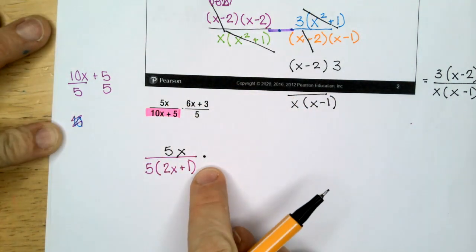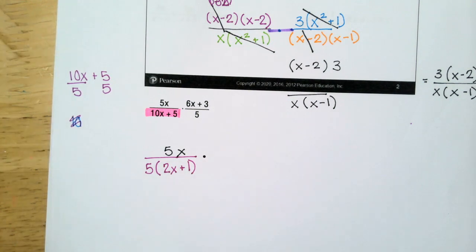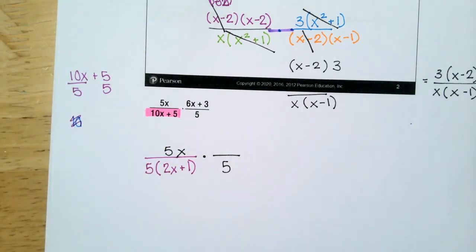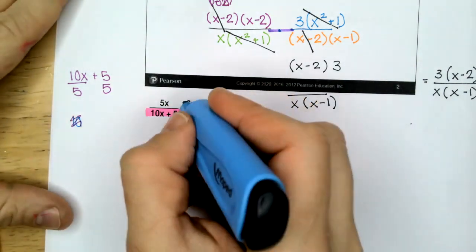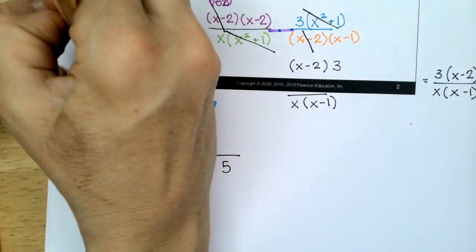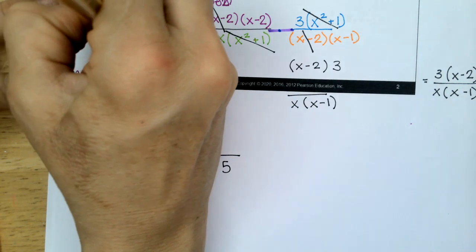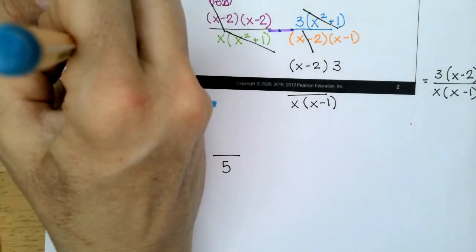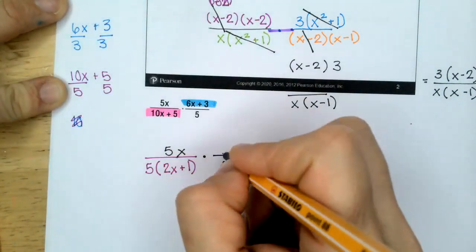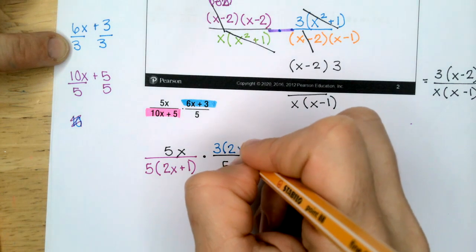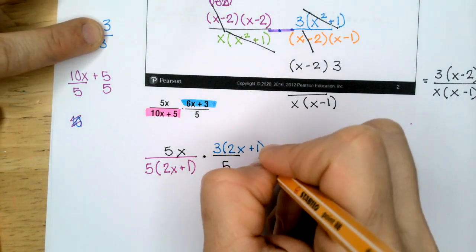Multiplication just means you have a really long fraction bar, in my opinion. The 5, we're not going to change, right? Up here we have, I'll do it in blue, 6x plus 3. What can I divide both 6x and 3 by? I can divide them both by 3. So 6x plus 3 becomes 3 times 6x divided by 3 is 2x. 3 divided by 3 is 1.